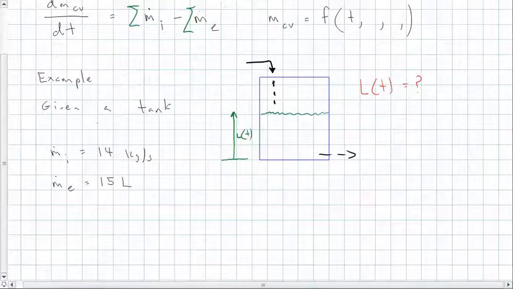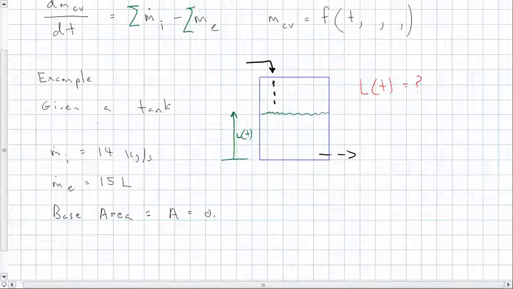What else do you know about this problem? Well, you know this tank has a base area equal to A equals 0.3 meters squared.